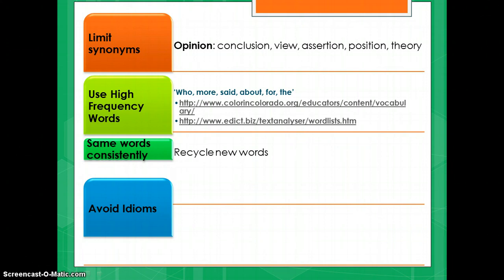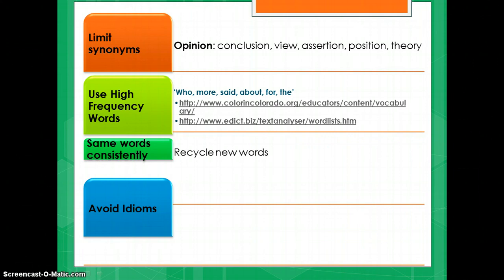Instead, use high frequency words, which are about the 2 or 3,000 most frequently used words in the English language. Words like who, more, said, about, for, the. You can go to these following links that will give you more information about the most commonly used words, and then you can decide which ones are the most useful to you.